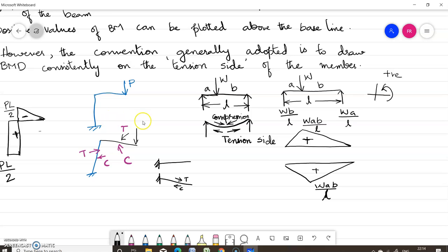Now here we have to show the point of contraflexion in bending moment, that is the point where the bending moment changes its sign. So we have to show the salient points like the maximum value, minimum value, variation, and also the point where the bending moment changes the sign.